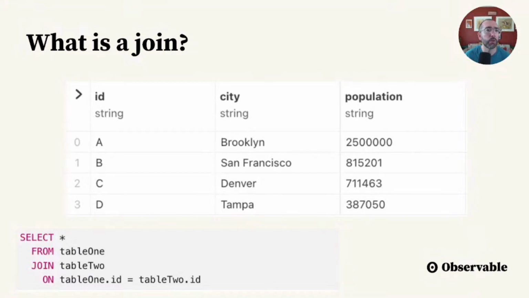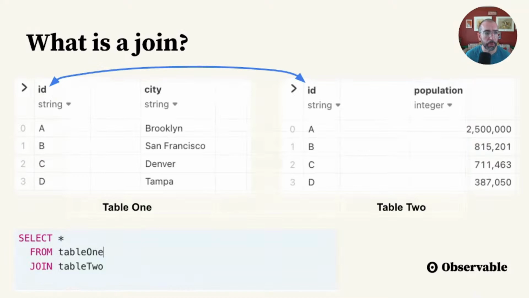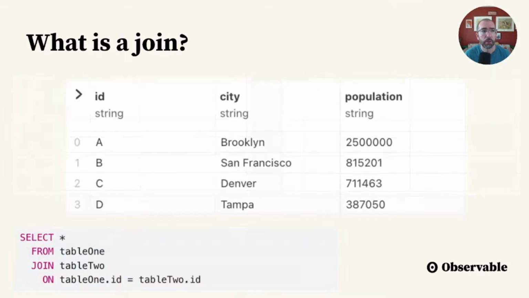One thing you might want to note here is that, if I can go previously real quick, there's an ID column in each table, right? So there's an ID in table one, there's an ID in table two, there's a city in table one, and a population in table two. Now, theoretically, if I pulled all the data and returned the results, there'd be 2 columns called ID since there was one in both table one and table two.